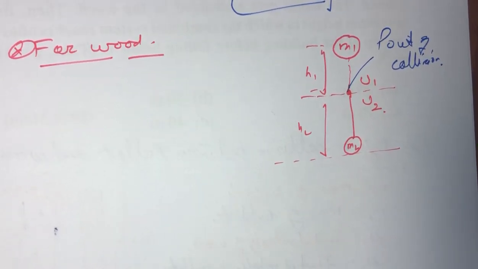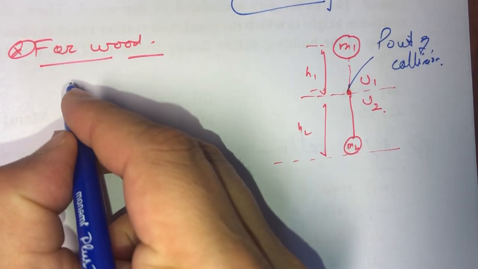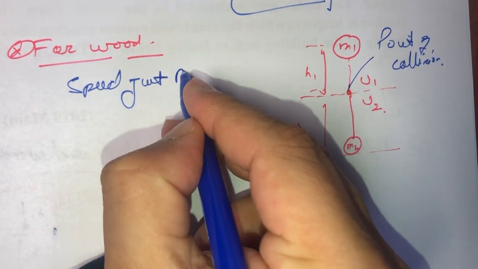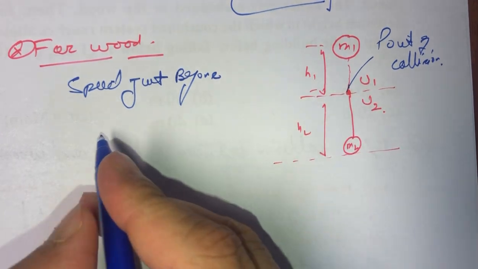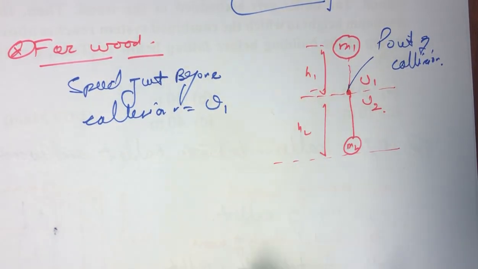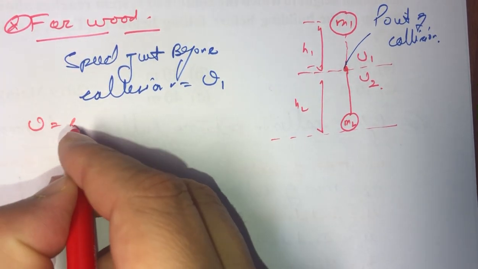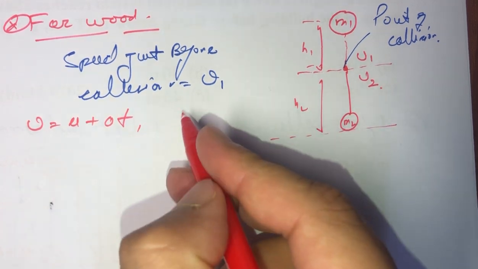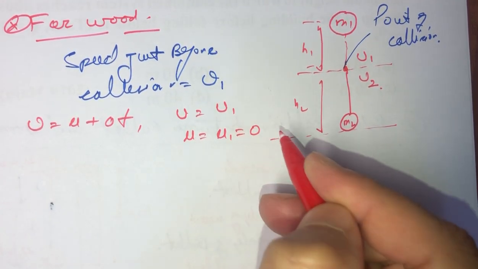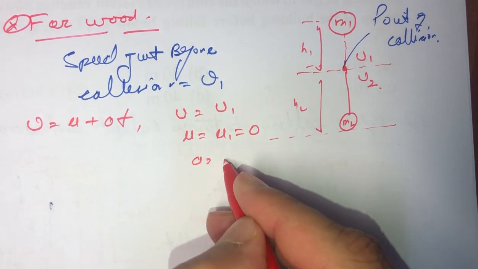So we can say, for wood, the speed just before collision is v1. So we can use the equation v is equal to u plus at. Here v is equal to v1, u is equal to u1, which will be equal to 0, and t we already know, and a is equal to g.